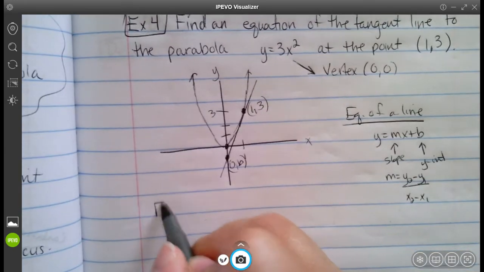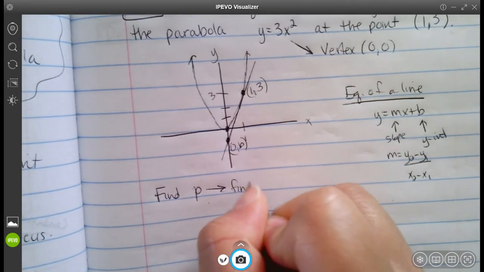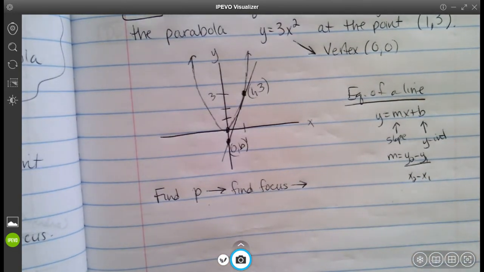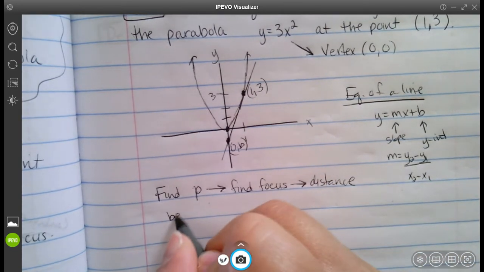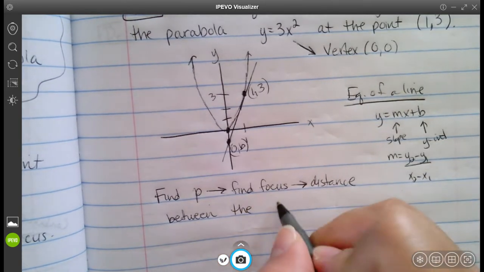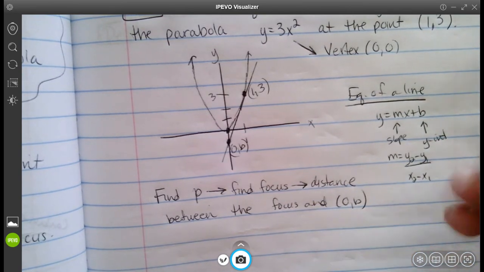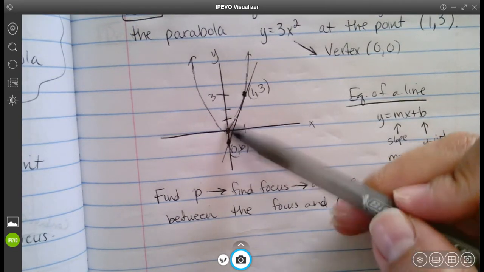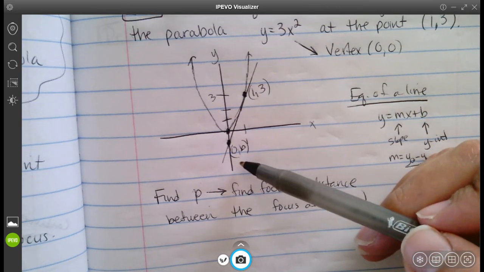So we need to find p so that we can find the focus, so that we can find the distance between the focus and (0, b). Because if I can figure out the distance between here and wherever my focus is, I can figure out this distance and basically get the points that I want.